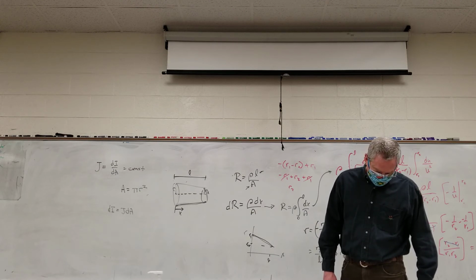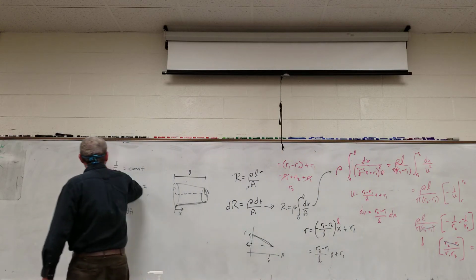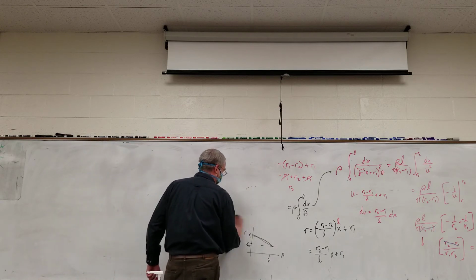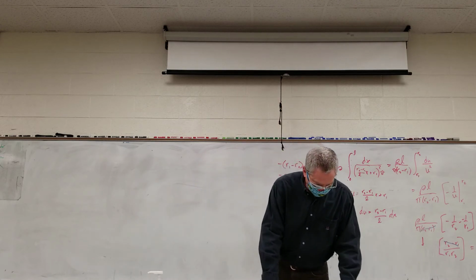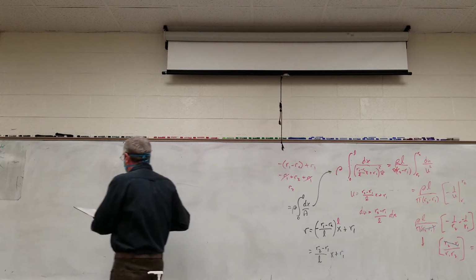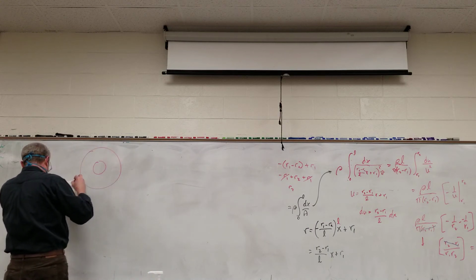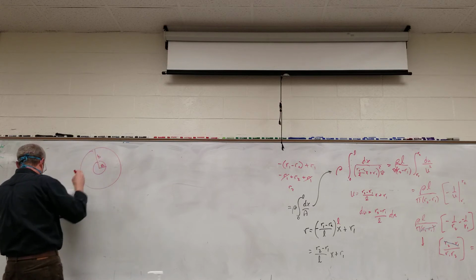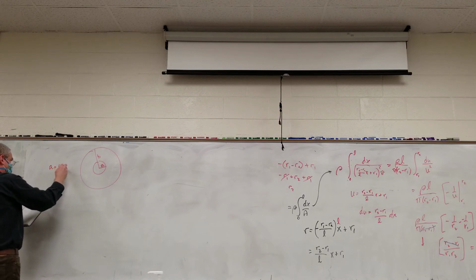All right, so ultimately we're trying to find the current. So we have spherical shells. Radius A, radius B. A equals 4 centimeters.